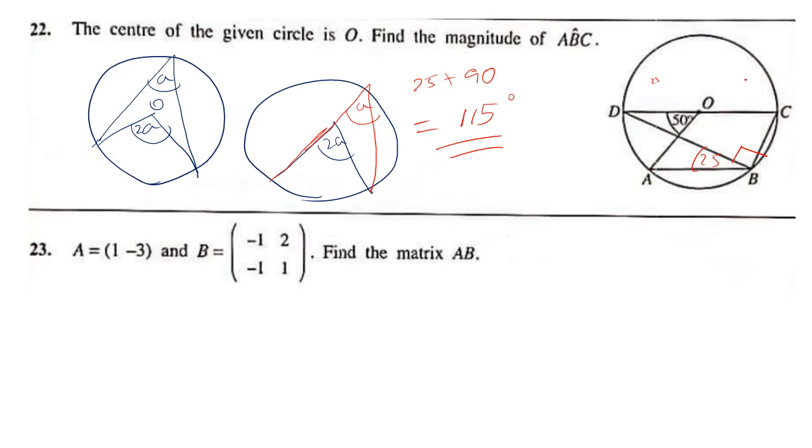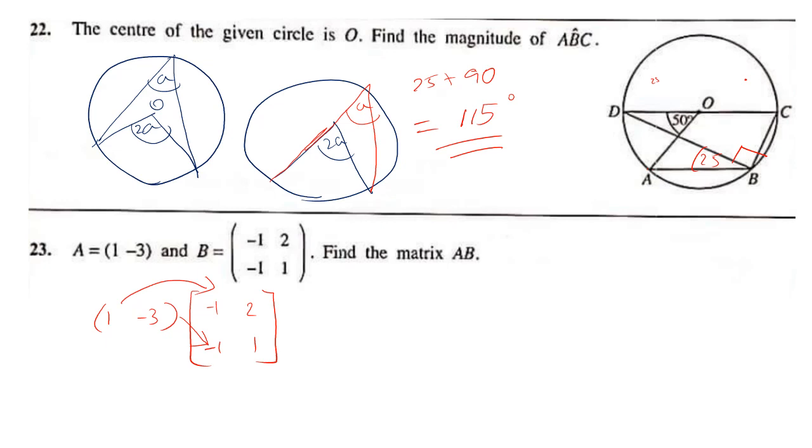So this is a matrix, right? Find the matrix AB. This is like this: A, B, 1, minus 3, minus 1, minus 1, 2, 1. So you have to multiply this and multiply this, and then add those two, right?